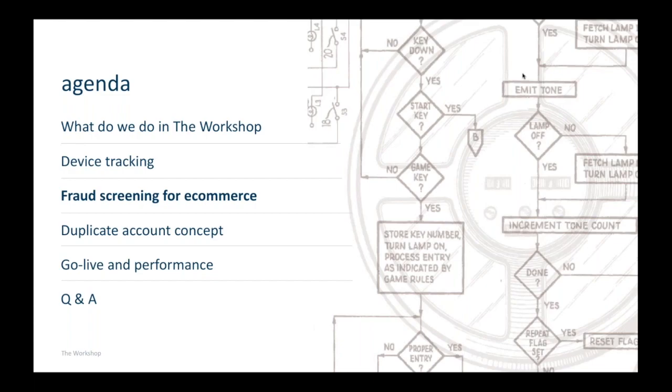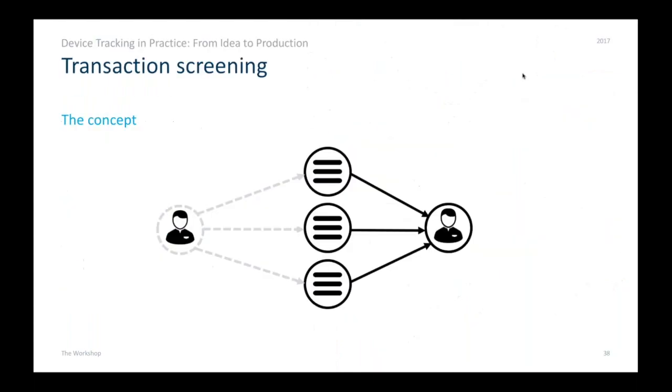So, fraud screening for e-commerce. What happens, generally speaking, is we've got, I don't know if you see my pointer, one new customer that is coming to make a purchase with, let's say, a credit card through this device, and he's connected to another existing customer that was tagged as fraudulent.